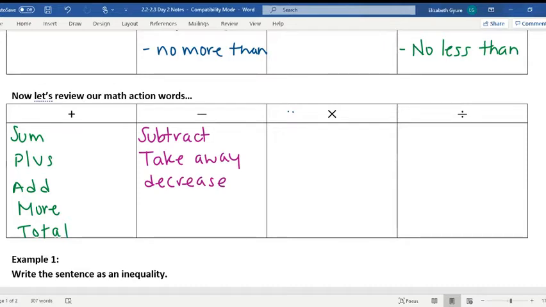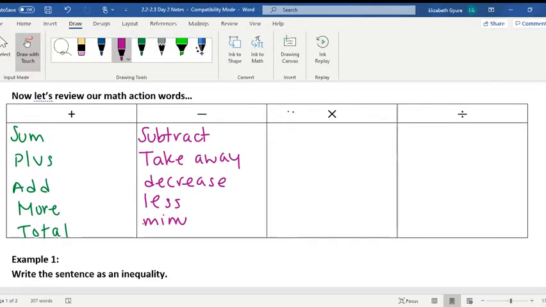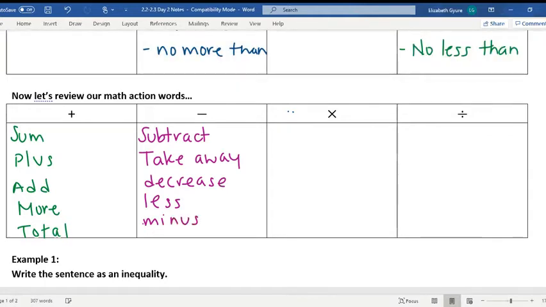Asia? Less? Yeah, there are 5 less than there were yesterday. You would subtract. Any other ideas? Corey? Minus, absolutely. Ooh, except that doesn't look like a minus because my handwriting is questionable. What did you say, Dallas?